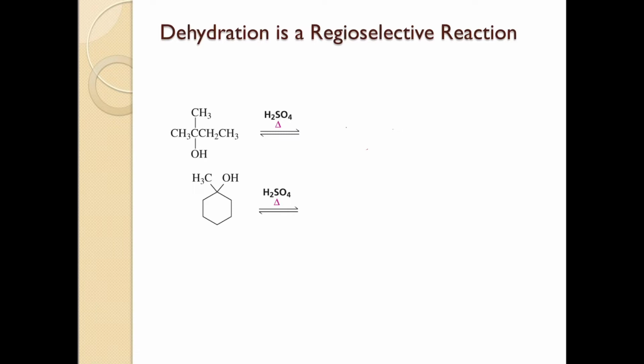The first step: the hydroxyl group with its lone pair of electrons is going to grab the hydrogen from the acid molecule, right? And the electrons are going to be thrust onto oxygen, forming a good leaving group on this alcohol.